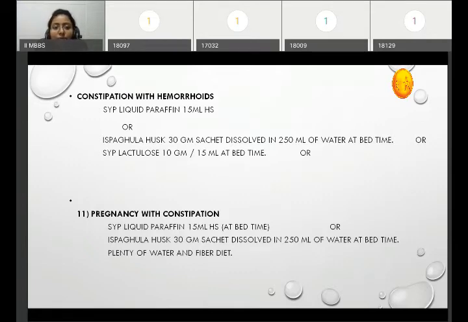So only syrup liquid paraffin, 50 ml HS, you have to give, or you can give some bulk forming agents like isafgula. Then in pregnant women also, purgatives are not given. For pregnancy with constipation, you have to write syrup liquid paraffin along with isafgula, plenty of water and a fibrous diet.